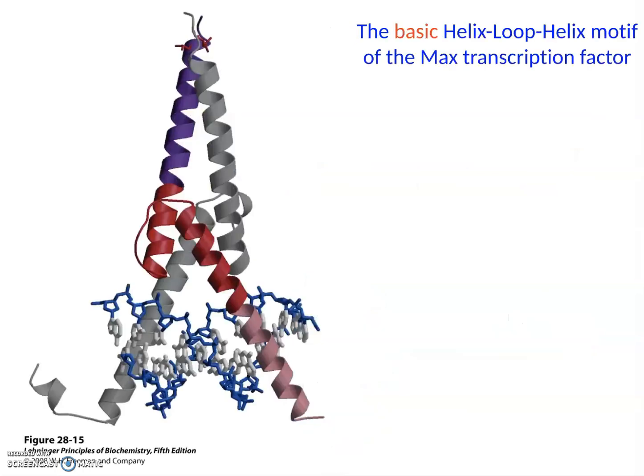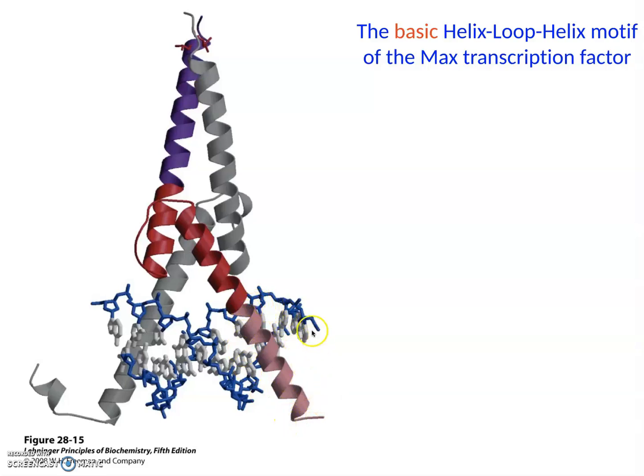The last example that we're going to go over in this lecture are the basic helix loop helix transcription factors, or transcription factors that contain basic helix loop helix motifs. The basic part describes the part of the protein that associates with DNA.